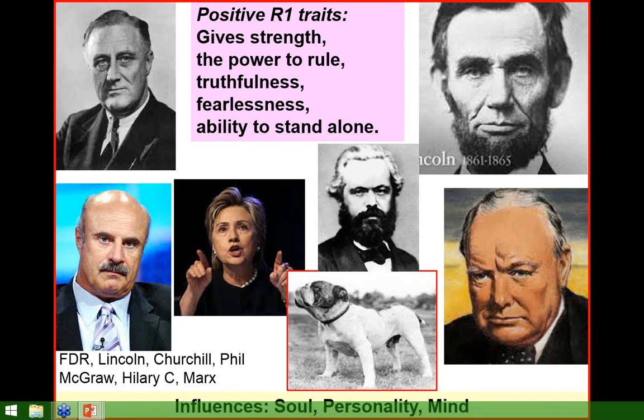We have Abraham Lincoln in the top right, perhaps the most advanced Ray 1 type that we have known in more modern times. The Tibetan said he was the higher representative of the Ray 1 type, and at the time I think he said that Bismarck, the German ruler, was the lower example of the type. But Abraham Lincoln, wonderful man. If you can remember what his body looked like, he was tall, like a drain pipe, tall and skinny, so one can really see that first ray energy in him.